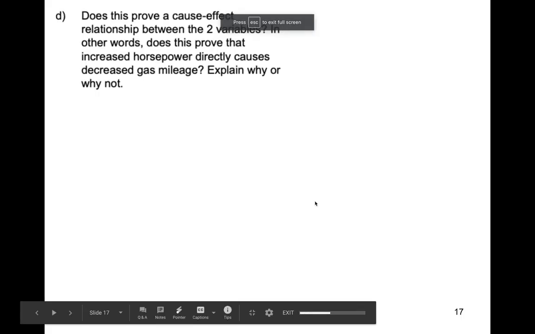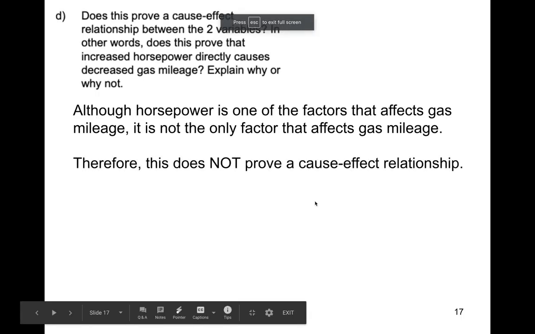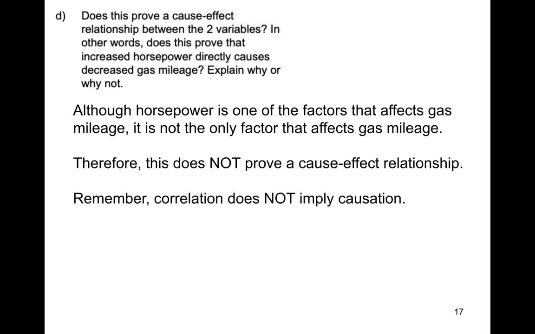If we wanted to prove a cause-effect relationship, we would have to actually do a scientifically controlled experiment, and we will talk about that in future chapters. And that is it for Chapter 7.